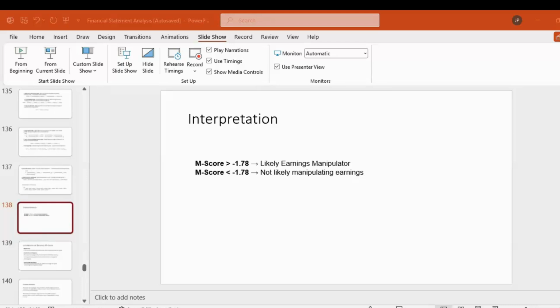Here I have included all the ratios. I have calculated for each year: for 1998, for 1999, for 2000. And for 2000, we can see it is 0.02. Earlier, I said that if the value you got is greater than negative 1.78, then it is probable that the company, whatever company you are analyzing, is inflating their financial statements.